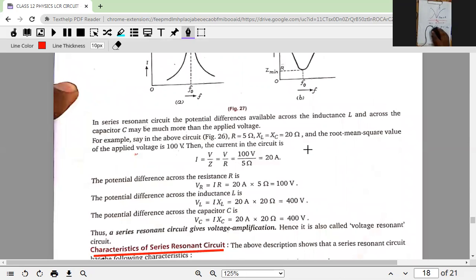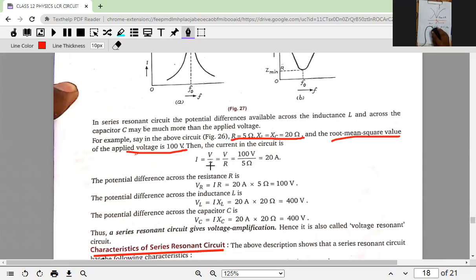So XL and XC are both the same, therefore it will be in the electrical resonance condition. It will be a resonant LCR circuit, and the root mean square value of the applied voltage is given as 100 volt. So what will be the current?